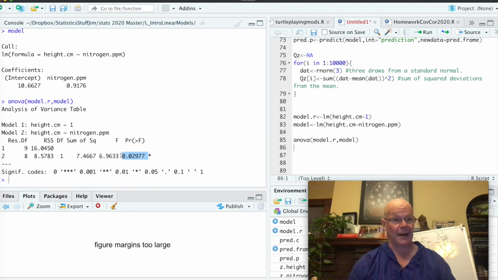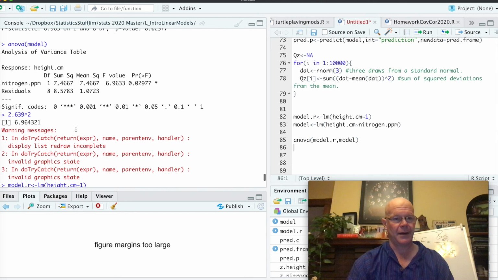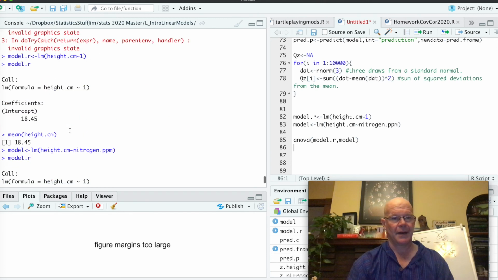And that's the beauty of it, right? And it's like, where does this come from? Well, we could take 16.0450 minus the amount of variation that's explained in the full model, and divide that by our residual mean squared, which was 1.0723, which is the same value that we got way up here when we did the ANOVA function.